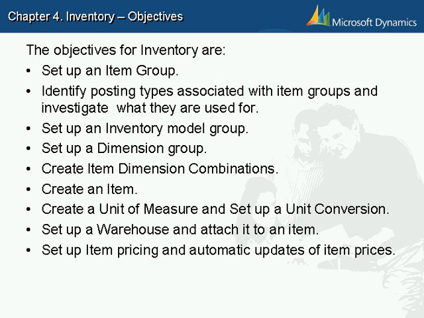The objectives for inventory are: set up an item group, identify posting types associated with item groups and investigate what they are used for, set up an inventory model group, set up a dimension group, create item dimension combinations, create an item, create a unit of measure and set up a unit conversion, set up a warehouse and attach it to an item, set up item pricing and automatic update of item prices.